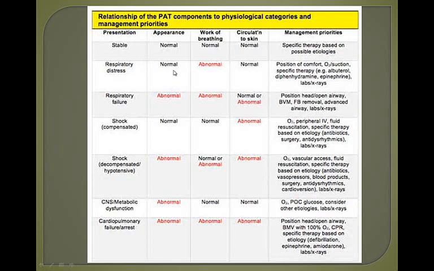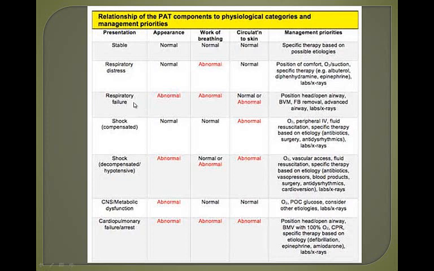If you have a patient that has a normal appearance but abnormal work of breathing and normal circulation, you have a child in respiratory distress. And there are management priorities listed here for that child.